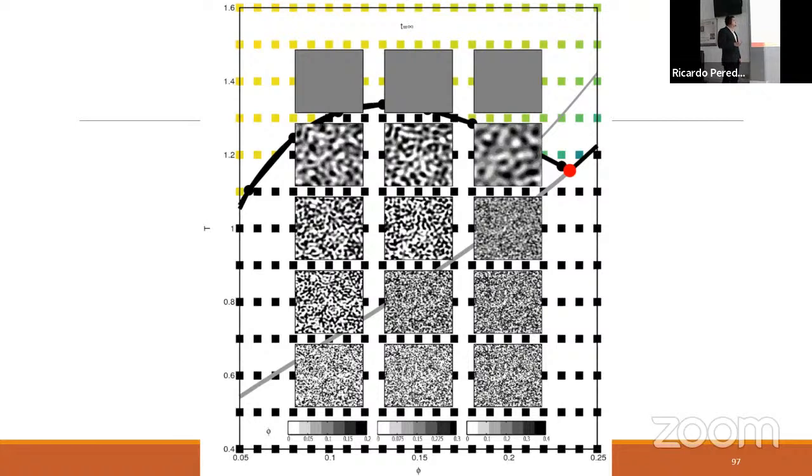How large they are depends upon how close they are to the spinodal line. When increasing the temperature towards the spinodal line, larger and larger heterogeneity sizes can be found.